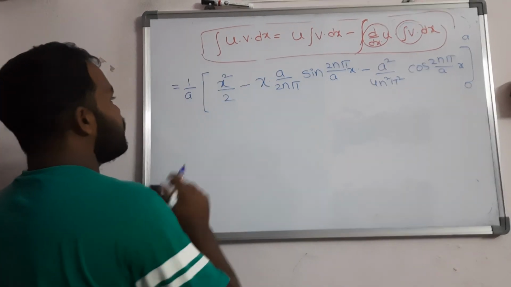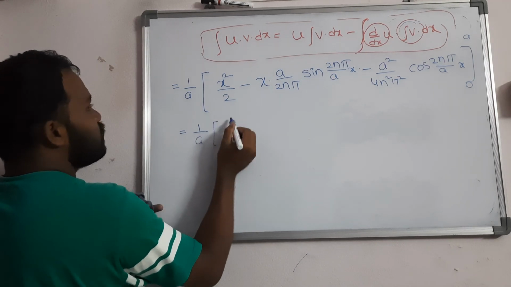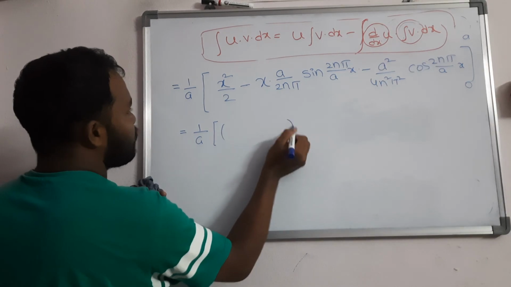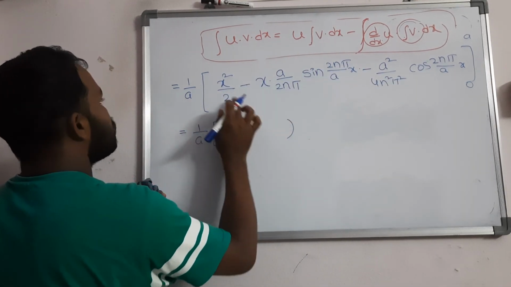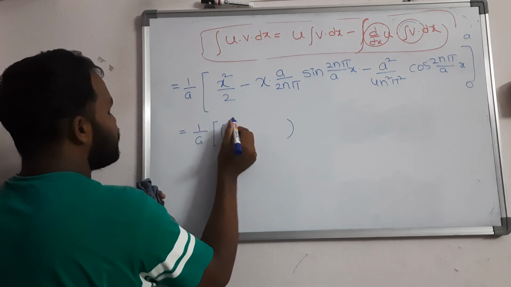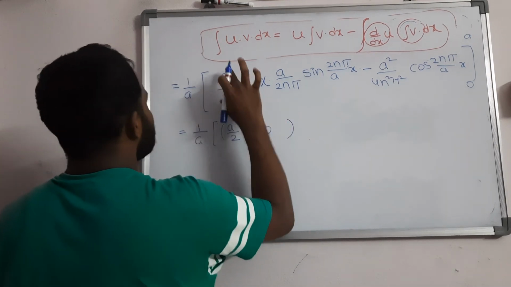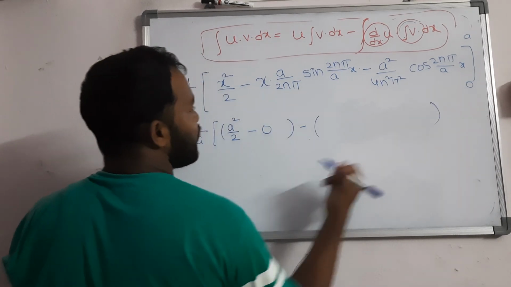Now if you write 1 by a into, first substitute upper limit minus lower limit. Just take a bracket for this. Upper limit is a, lower limit is 0. So a square by 2 you will get here, minus 0 square by 2 is 0. This term is finished. Minus, again taking bracket.